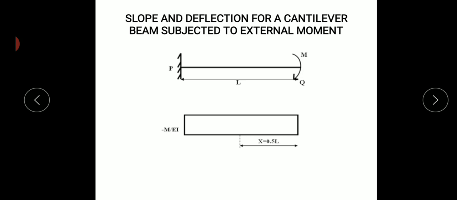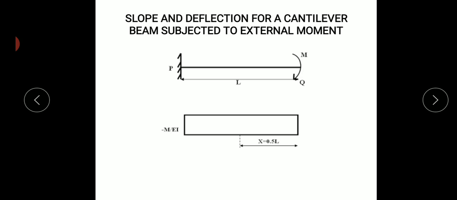Whenever a beam or any structural element is subjected to an external load, internal forces develop inside the structure, which cause internal stresses.